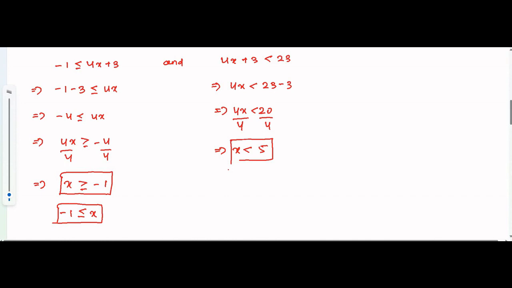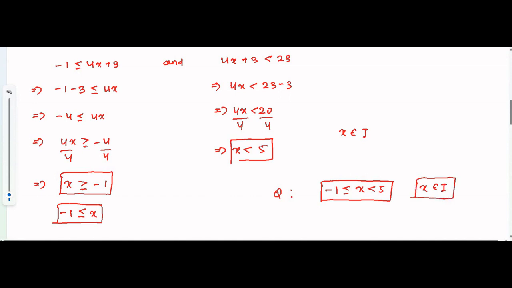In both the cases, x belongs to the set of integers. So here we have Q represented as minus 1 lesser than equal to x lesser than 5, with x belonging to the set of integers.